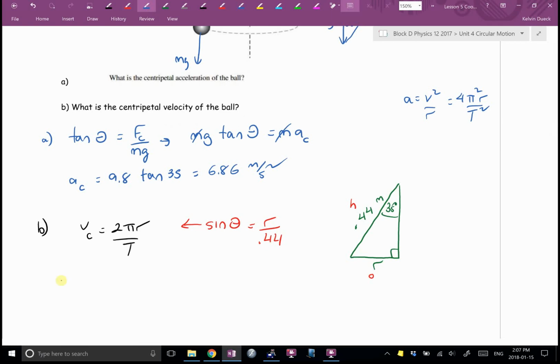But apparently, if I know the length of the string, not the radius, but the length of the string, my speed is given by 2 pi 0.44 sine 35 all over, I've scrolled down, what was the period? 1.2. And that'll be my speed.